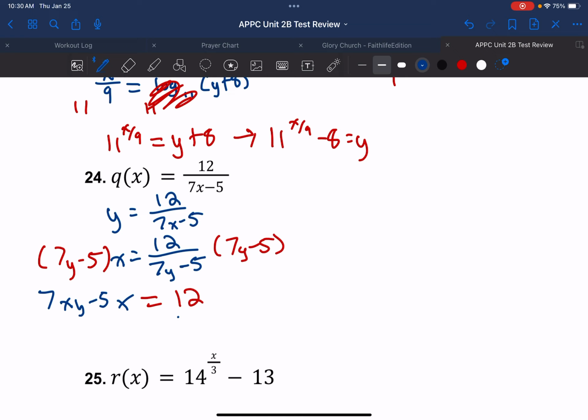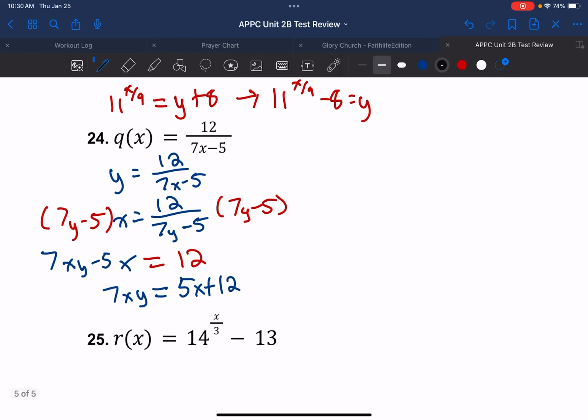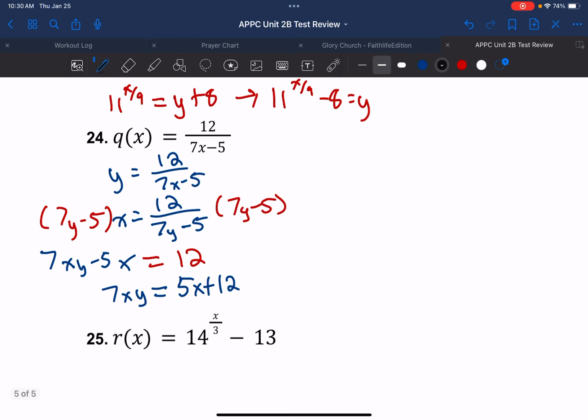So now I've got this isolated, where I've got it to the left side. Now I can add the 5x over, so I have 7xy equals, add the 5x on both sides, 5x plus 12. Yeah, that'll be easier. There's multiple ways you can approach this problem. I paused mid-thought there to make sure that I'm explaining it in a consistent way.